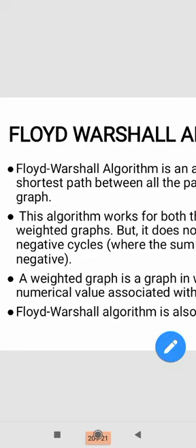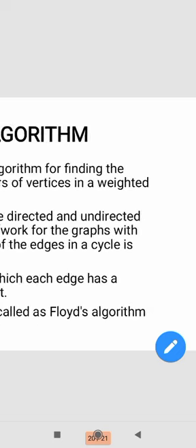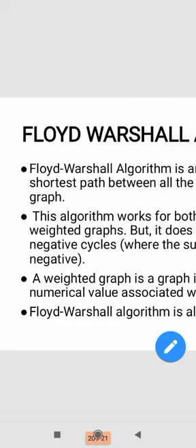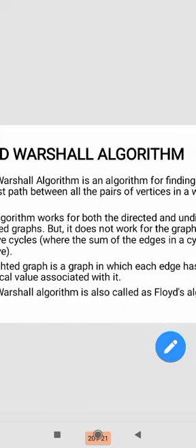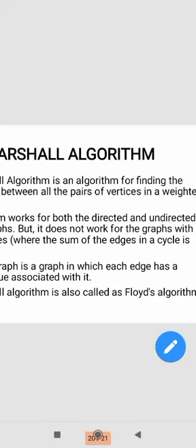Negative cycles means, as we have seen in the Bellman-Ford algorithm, values given as minus 4. Here the negative values won't be taken. A weighted graph is a graph in which each edge has a numerical value associated with it. Floyd-Warshall algorithm is also called Floyd's algorithm.